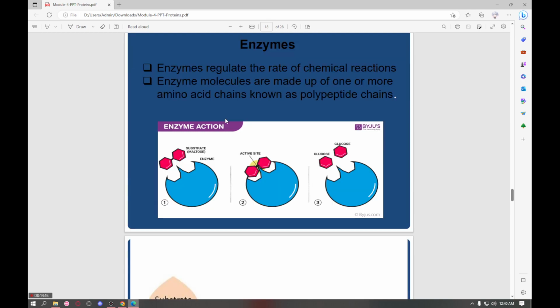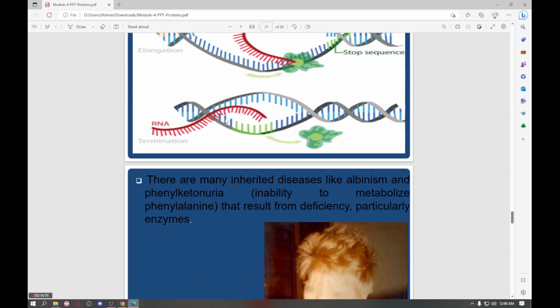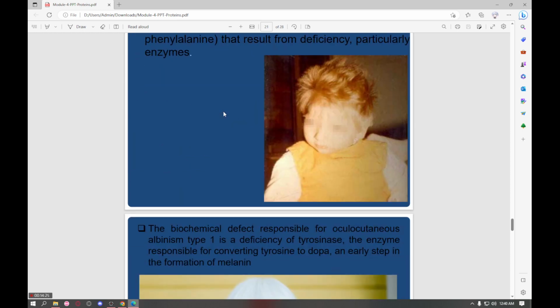So let us go back here with these two disorders, which are particularly present in the enzymatic activity. So the biochemical defect responsible for oculocutaneous albinism is your tyrosinase. So as I have mentioned before, if there is an ASE at the end, this is an enzyme.